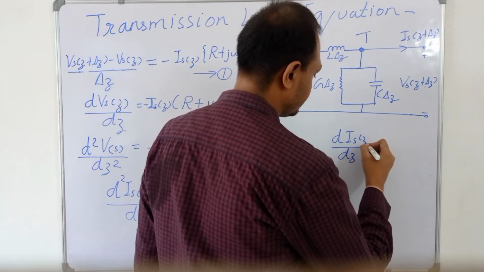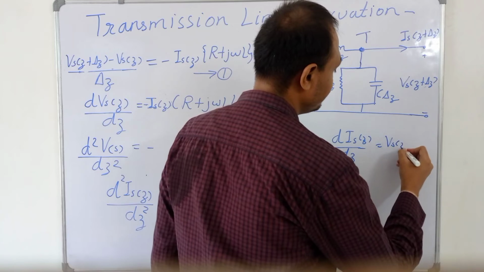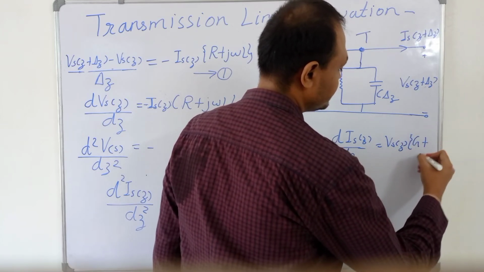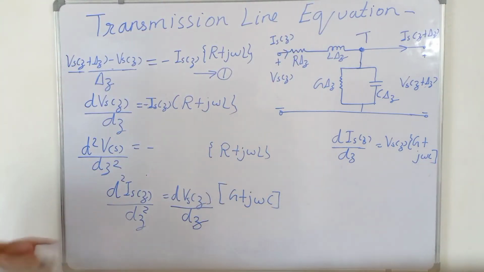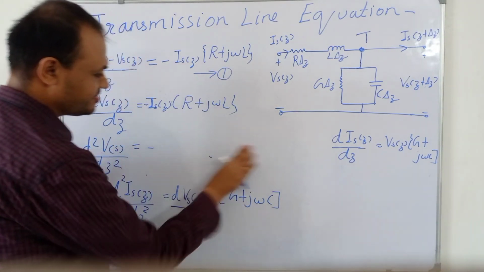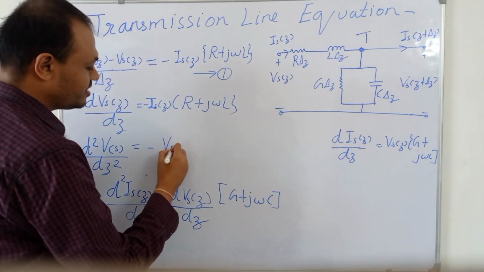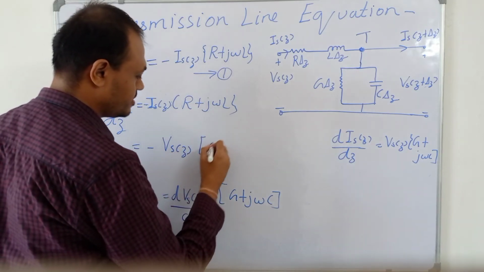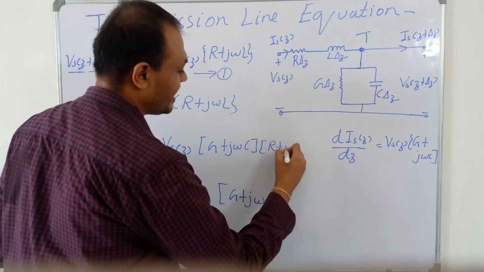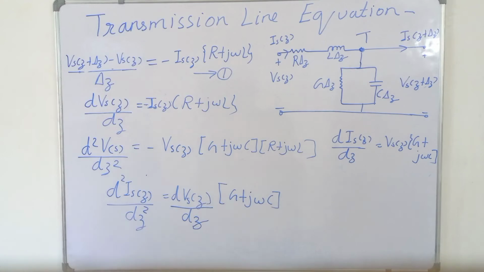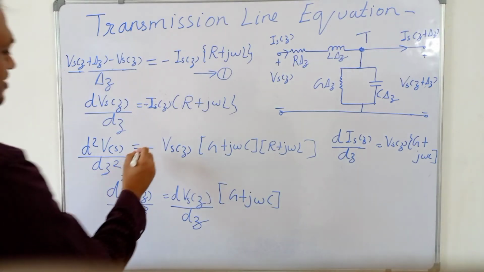Just now we derived that equation before the double differentiation, so we can write that here. This is equal to minus of Vs of z into G plus j omega C into R plus j omega L. Okay, so that term we substituted here, and this will be with plus sign.